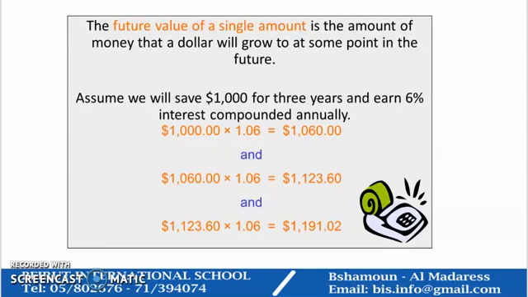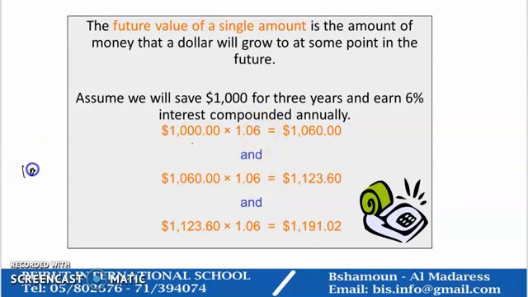Now, how am I going to find the formula of compound interest? Assume we will save, as I said before, $1,000 for 3 years at an annual interest rate of 6% compounded annually. For the first year, we have $1,000 times 1.06. What do we mean by this?